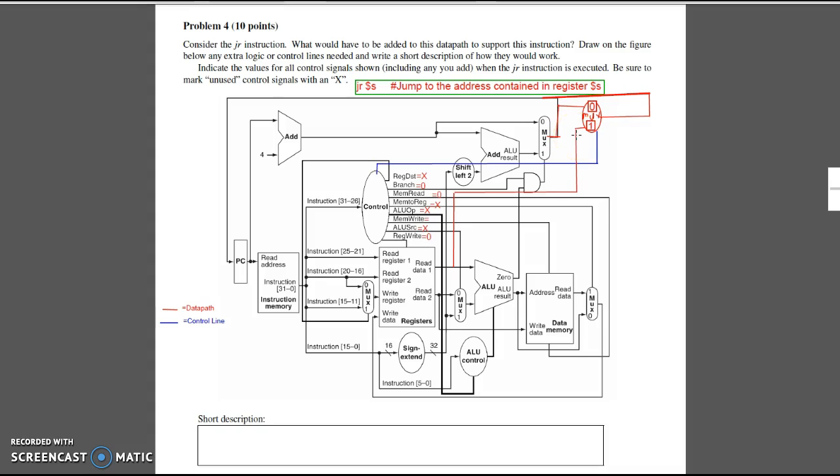Alright, and I went ahead and created a mux. The reason is because we can't put this data path directly back into PC because then we wouldn't be able to do any of the other instructions that would require us to increment by 4. So we'd actually have to create this mux that I added here. As long as it's right after this old mux, we're good.